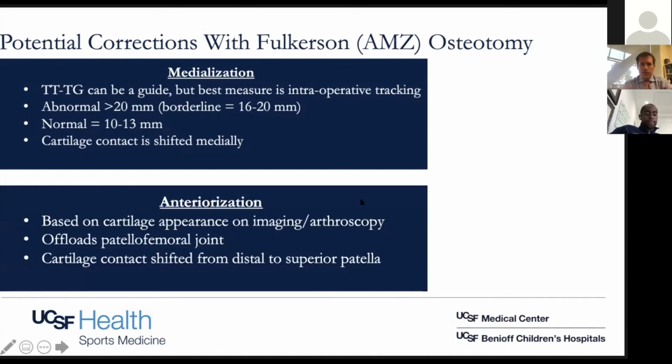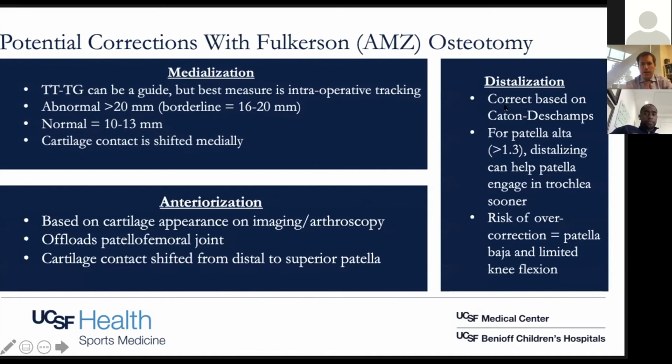Then the anteriorization, I would base this on the cartilage appearance, both on imaging and with your initial arthroscopy. This will offload the patellofemoral joint. And importantly, this shifts the cartilage contact from distal to superior. So if you have somebody with superior patellar wear, that's maybe a relative contraindication because you're going to just overload that area and may make them more painful.